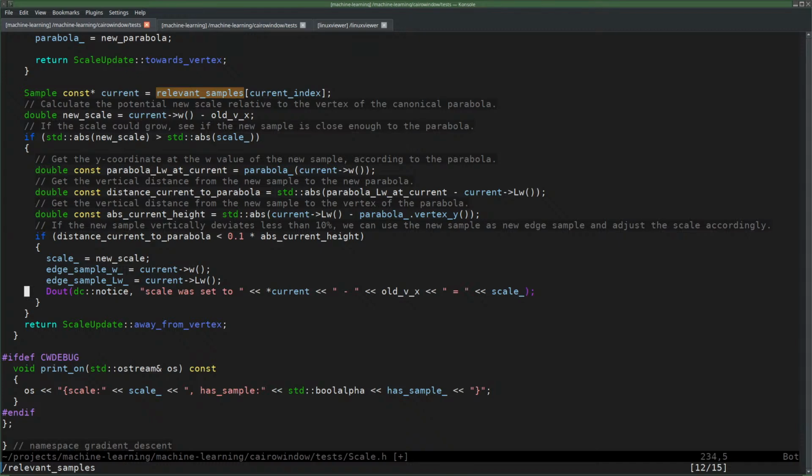I should probably not just test the height, but also the derivative. The derivative should also not deviate a lot. Oh, most definitely, yeah.